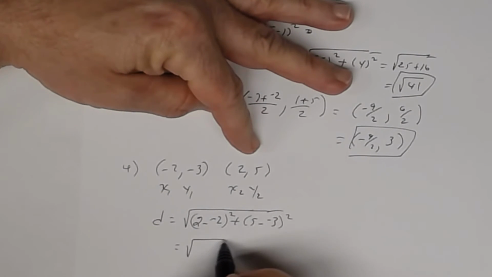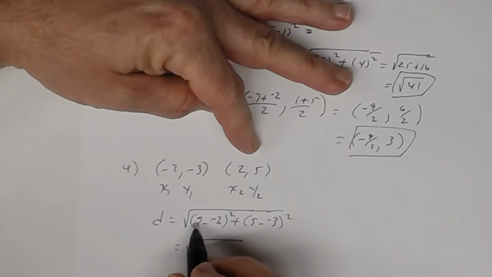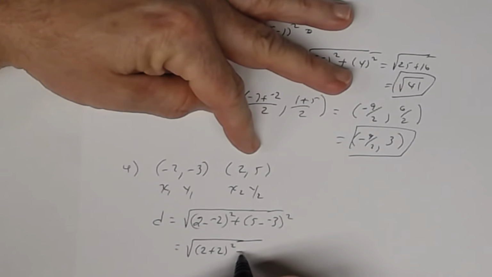Simplifying this, I get the square root of 2 subtract a negative 2 means 2 plus 2, just like this, squared, plus, and then 5 subtract a negative 3 means 5 plus 3 squared, right?